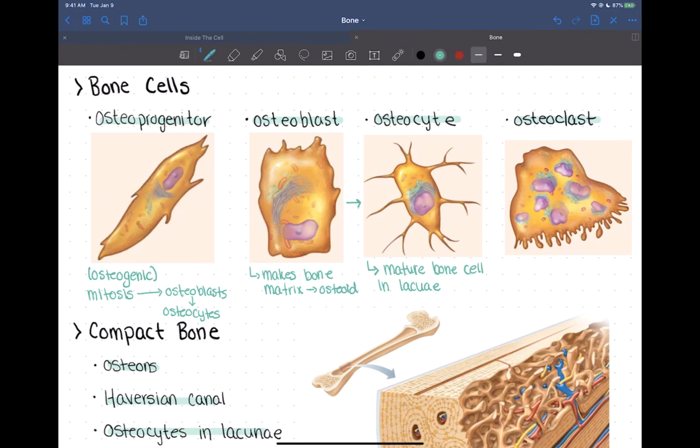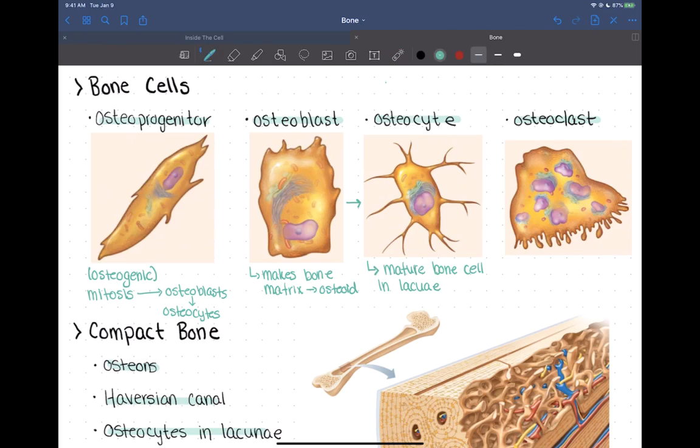Okay, and then our last type of bone cell is called an osteoclast. All right, and so this actually comes from a completely different type of cell. It actually comes from a white blood cell, right, that moves out of the bloodstream and into the bone and becomes an osteoclast.